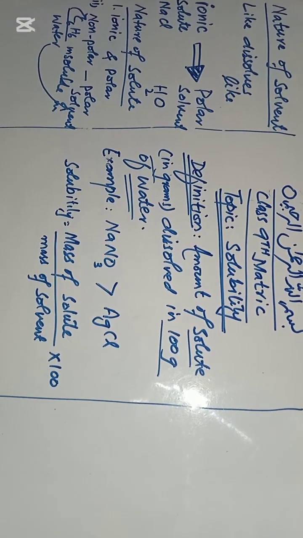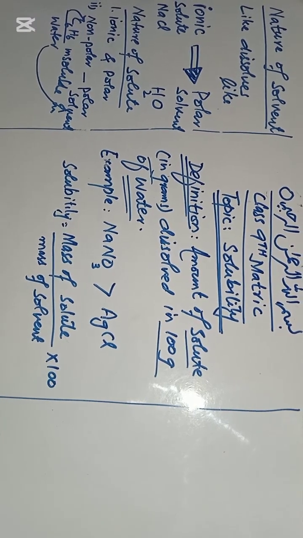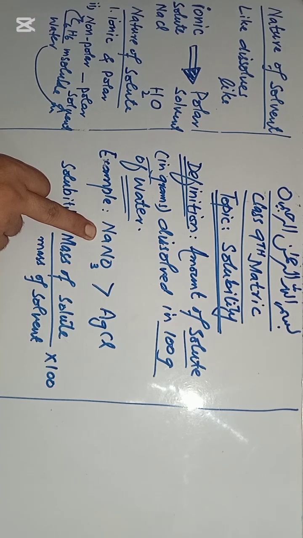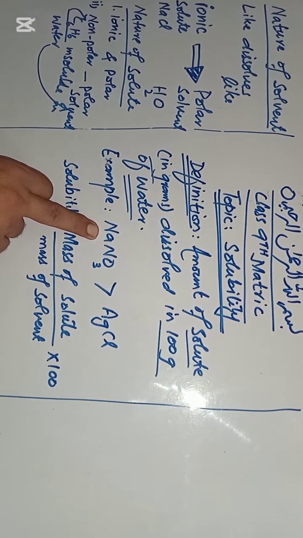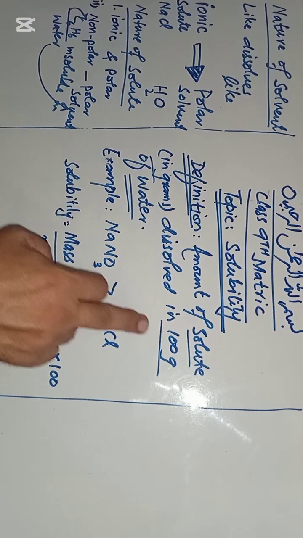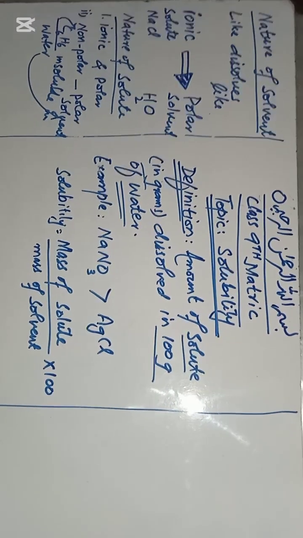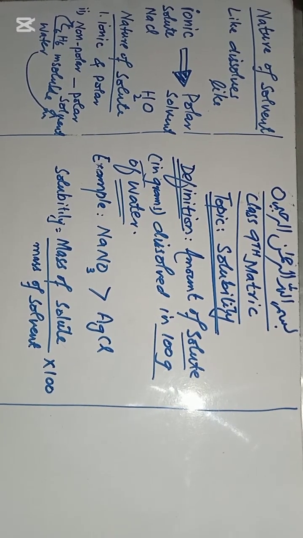Clear? And silver chloride is sparingly or slowly soluble in water. It means that a greater number of grams of sodium nitrate can be easily dissolved in 100 grams of water as compared to sodium chloride. I think I'm very clear to you people.